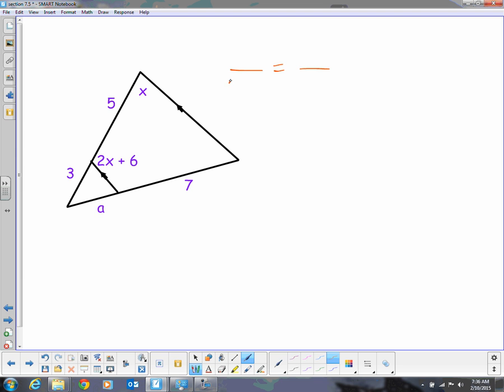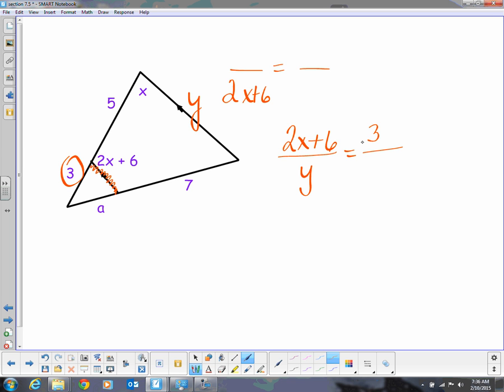So, if we're going to do 2x plus 6, do you agree that this is a whole side? What does it correspond to in the big? X is an angle. This is not marked. Let me put 2x plus 6 on the top. 2x plus 6 in the little triangle is to y in the big triangle. Now, what is a side in the little?